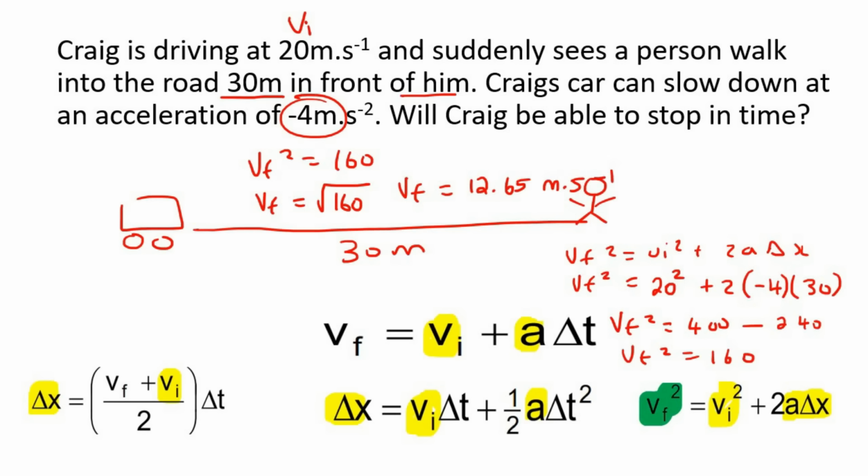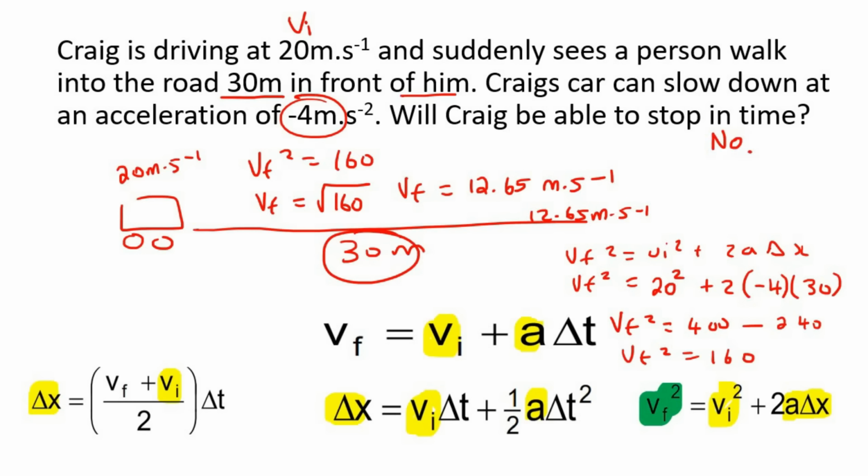So unfortunately, sorry guys, this is a bit of a graphic question, but this person's going to be bumped over, because Craig is driving at 20 meters per second. By the time he covers 30 meters, he's only driving 12.65 meters per second. So his car has not come to a stop, and he is going to collide into that person. So will Craig be able to stop in time? No. Hope that makes sense.